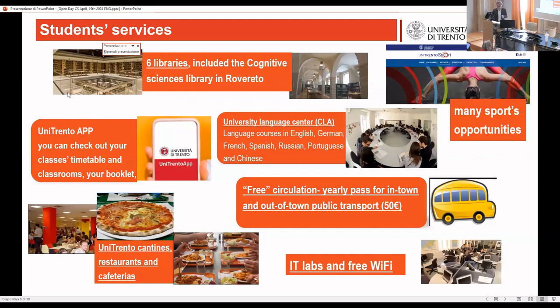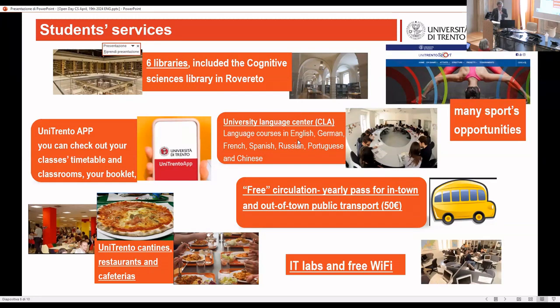Just to mention very quickly some services provided by the University of Trento, I'd like to mention the amazing 6 libraries of our university. First of all, our quantitative science library here in front of this building, but also lots of opportunities for practicing sports, with the Unisport membership for students.